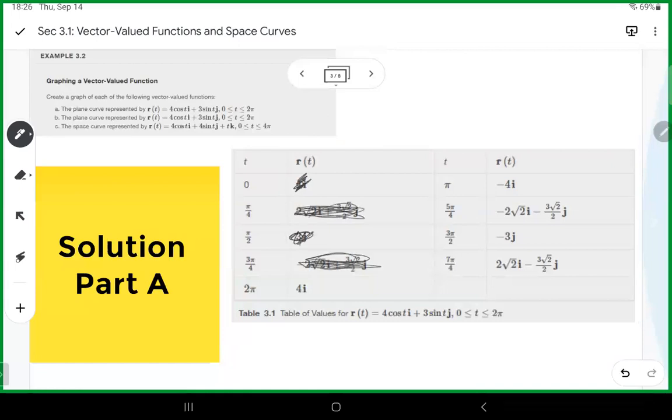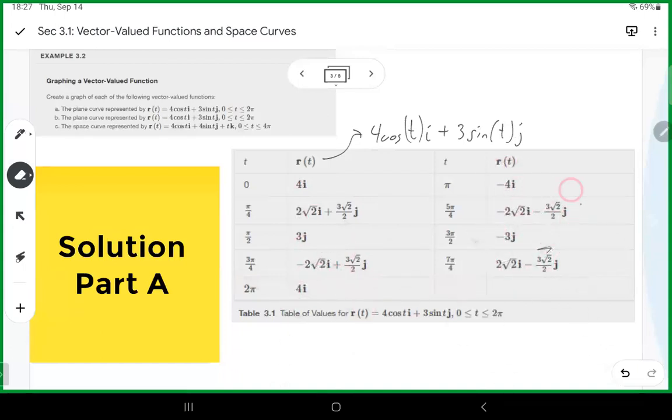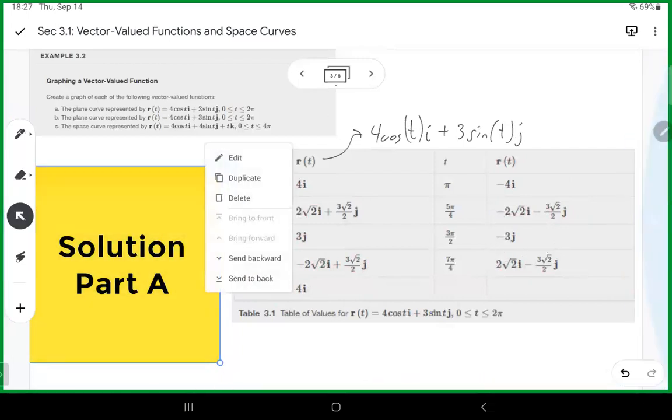You would have to figure all these out, obviously, by plugging them into your formula, 4 cosine t i plus 3 sine t j. And you can see here that your t's are the values that were given. So once you would have those answers worked out, you would then be able to determine your graph.